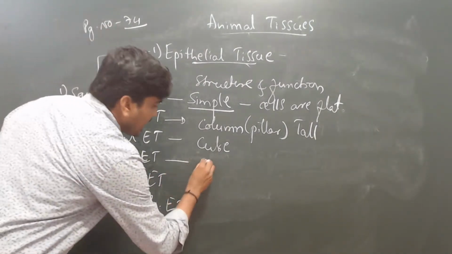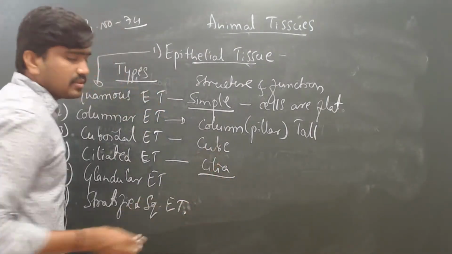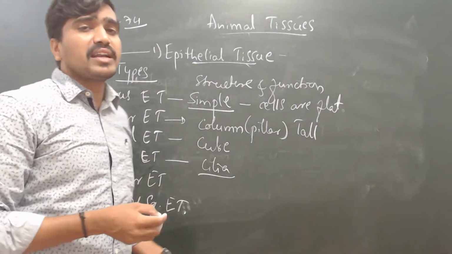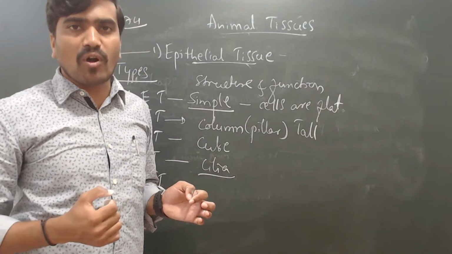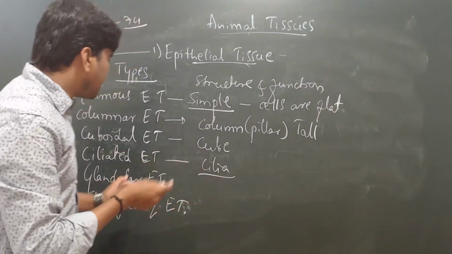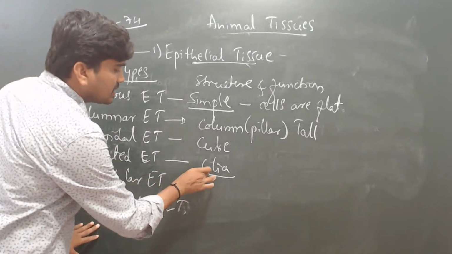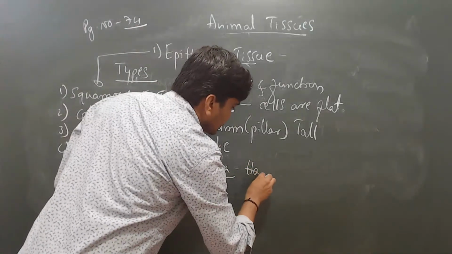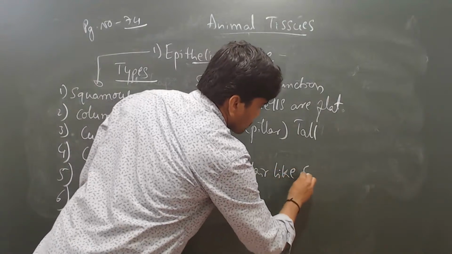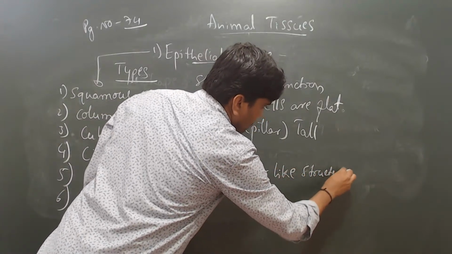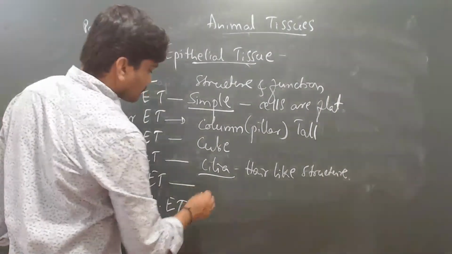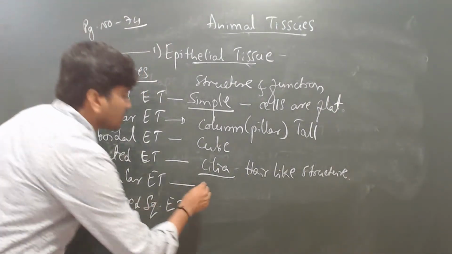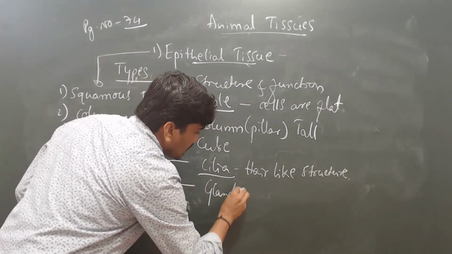Ciliated. Cilia is nothing but small hair-like projections present inside the body in some parts. Ciliated means that it contains cilia, small hair-like structures. Then glandular. Glandular means related to glands.